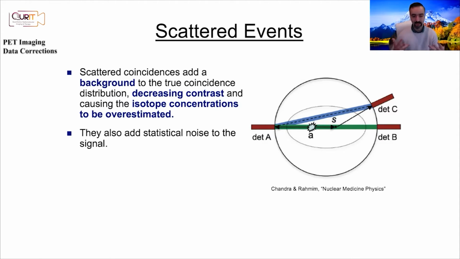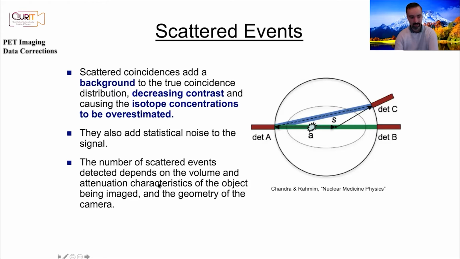Even if you correct for it on average by a smooth scatter estimate, there still was the noisy profile and signal of scattering that ended up adding noise to your signal. We will talk about this more in the very important context of NECR curves, noise equivalent count rate. So we will talk about that later.